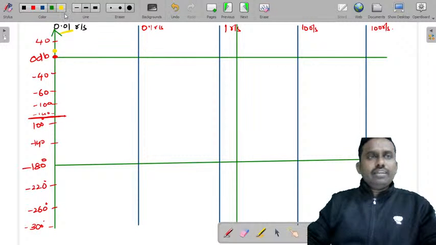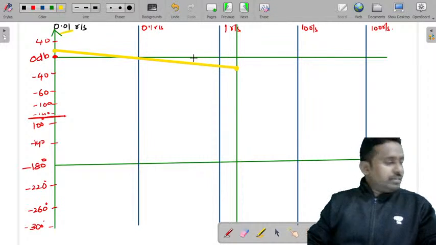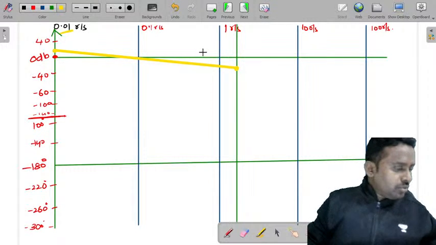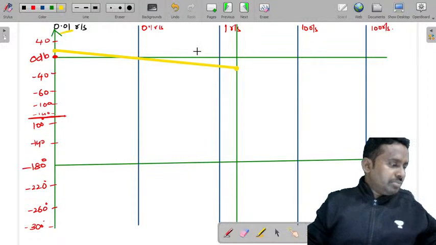On this 2 radian line the value is minus 32. So join these two points with a straight line. It will intersect somewhere around 0.4 actually. At 0 dB, it will not intersect that line.